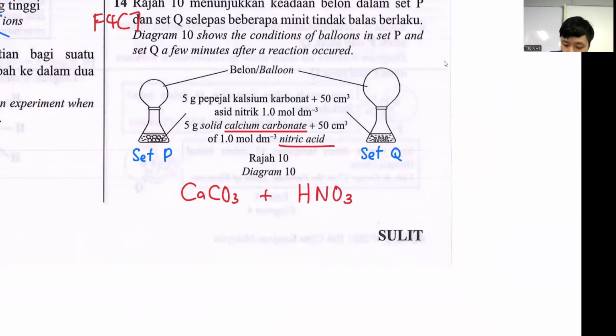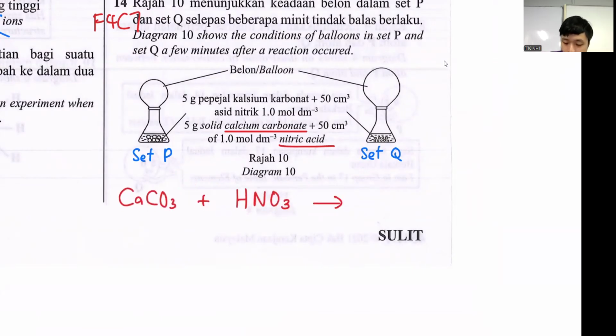So what do we get? Calcium will attract nitrate to form calcium nitrate. The other two are normally H and O, H2O, and C and O, carbon dioxide.